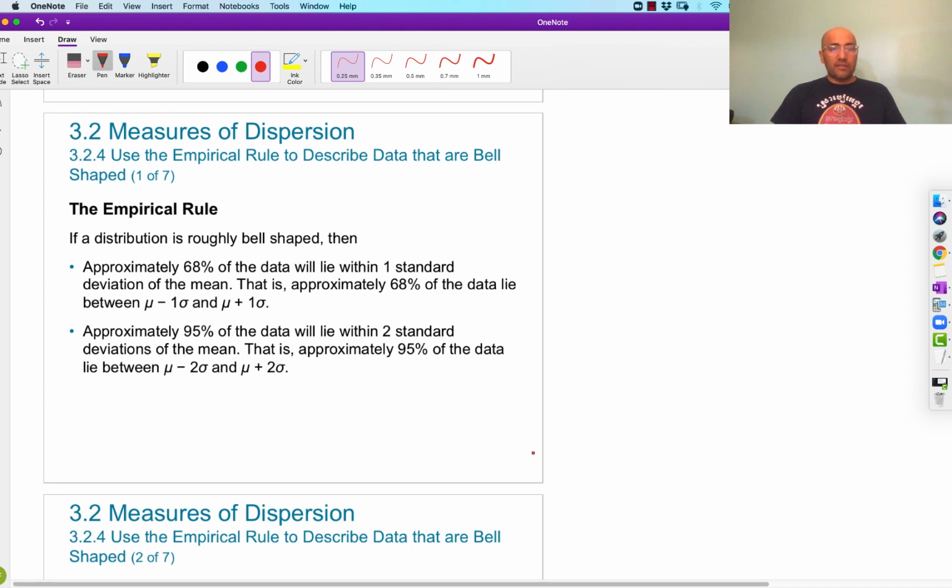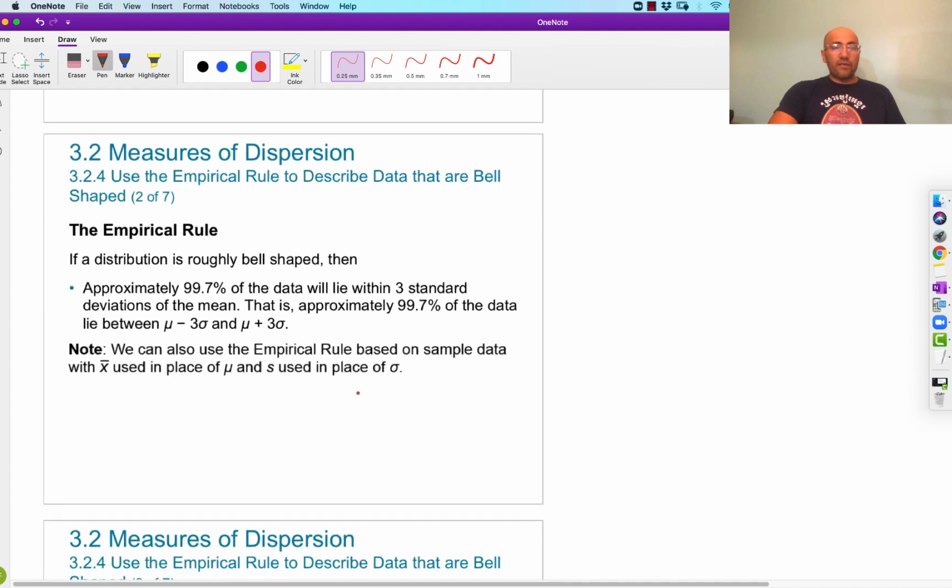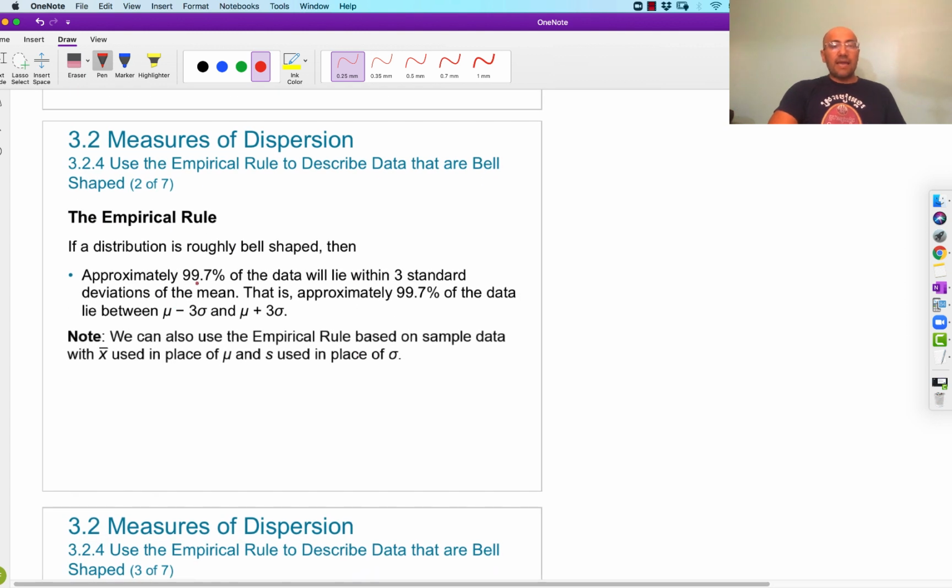Approximately 95% of the data will lie within 2 standard deviations of the mean, or approximately 95% will lie between mu minus 2 sigma and mu plus 2 sigma. And finally, approximately 99.7% of the data will lie within 3 standard deviations of the mean. That is, 99.7% of the data will lie between mu minus 3 sigma and mu plus 3 sigma.